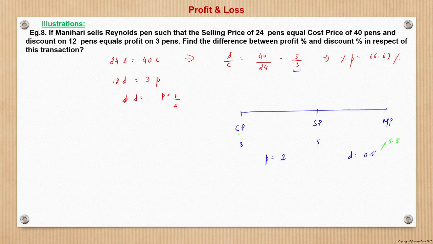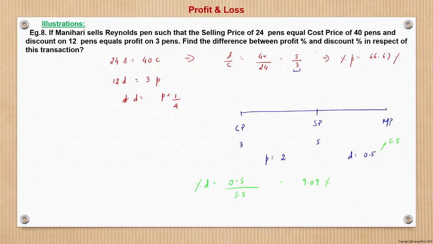So now we know what is CP, SP and MP, at least in ratio. So from here we can calculate the percentage discount also. Percentage discount is the actual discount, which is 0.5 upon the marked price, which is 5.5, right? So 1 upon 11, which is 9.09%.